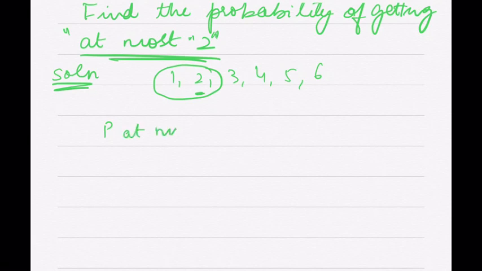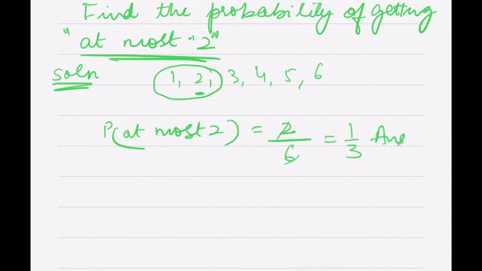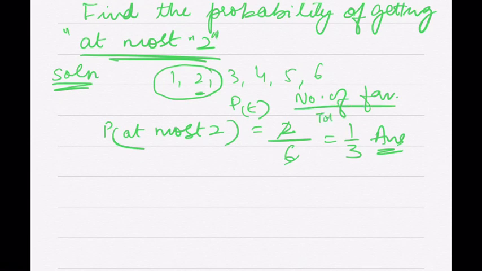We can say probability of getting at most 2 will be equal to 2, because favorable outcomes are 2 and total number of outcomes are 6, so that will be equal to 1 by 3. That's my answer. Otherwise we can write down the formula also, number of favorable outcomes by total number of outcomes, right?